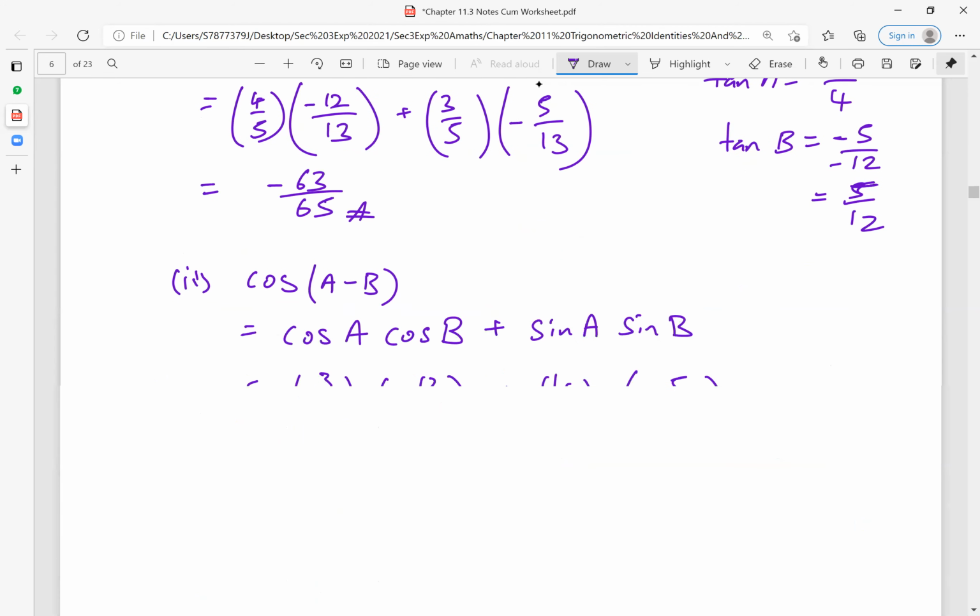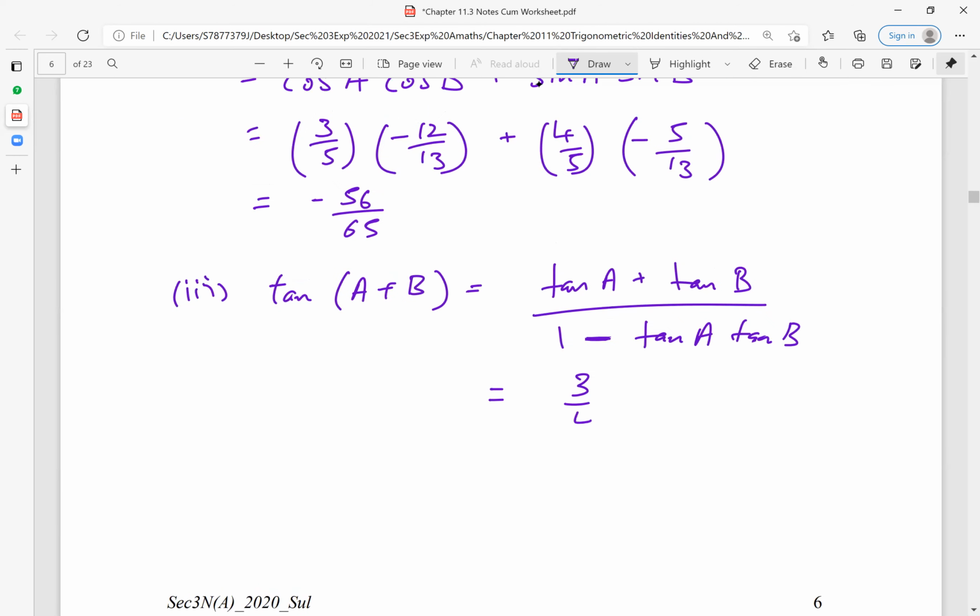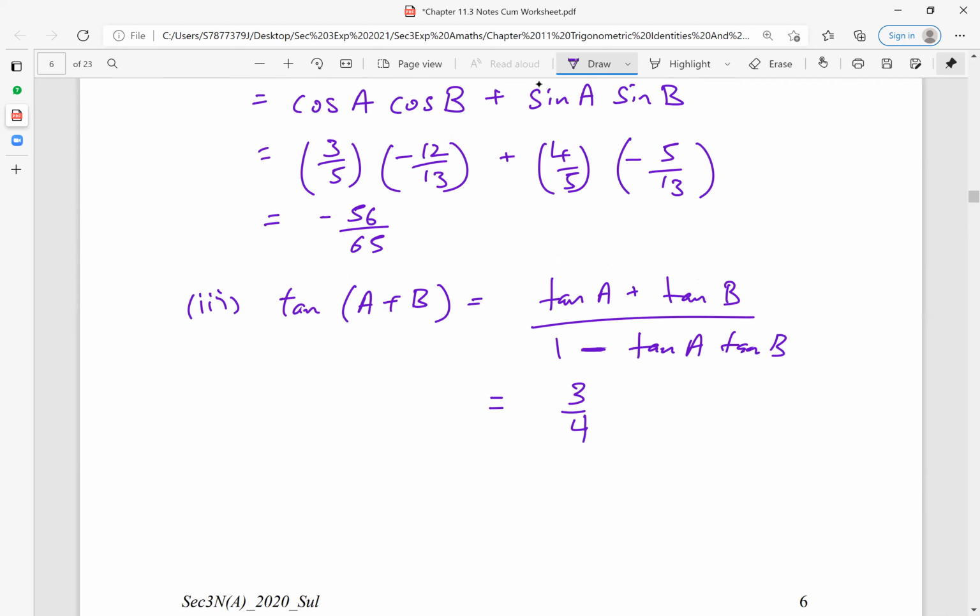Okay, so 3 over 4 plus 5 over 12 over 1 minus 3 over 4 times 5 over 12.